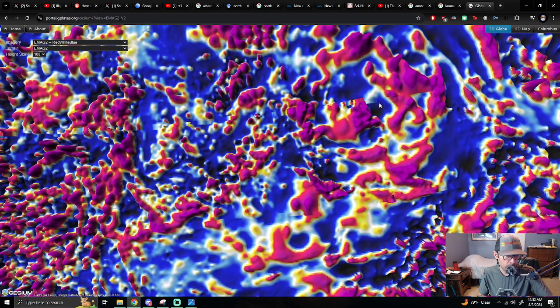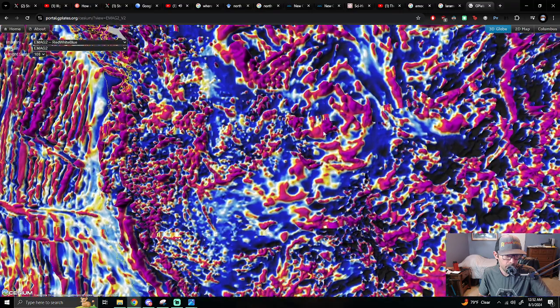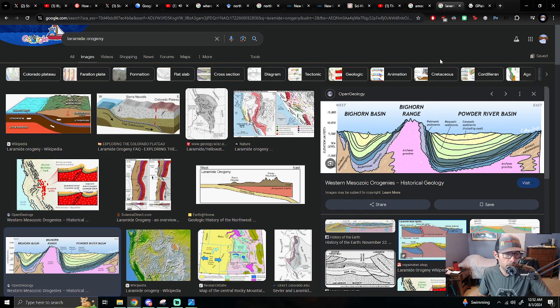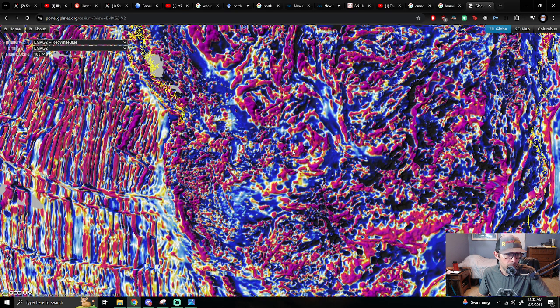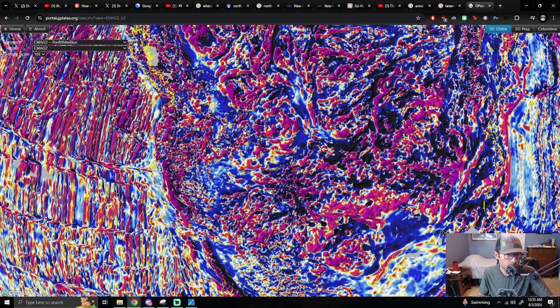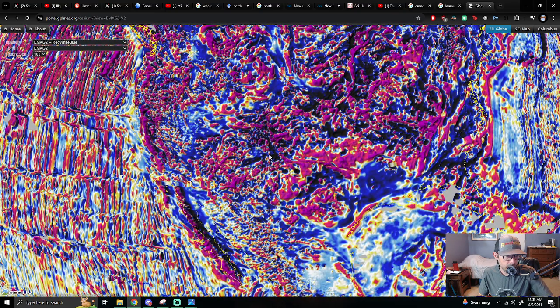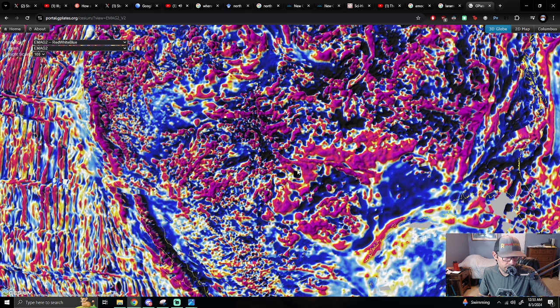So sediment fills this area practically. You can see the currents going this way. Possibly going different points.